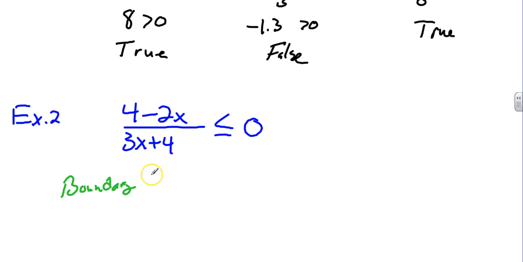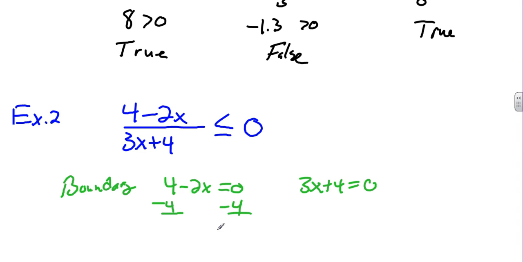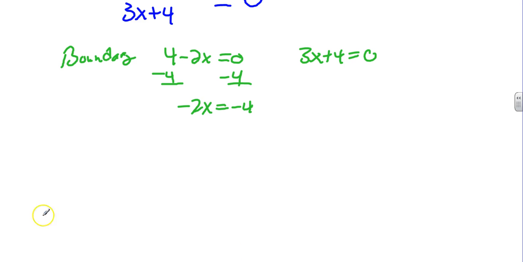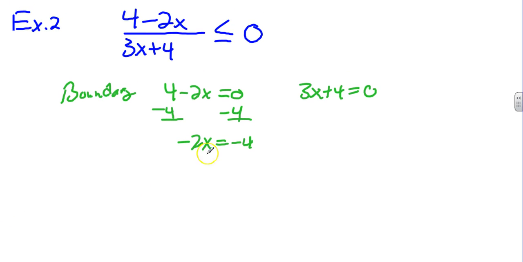Okay. And again, to get the boundary points, we're going to take the denominator and the numerator, both of those equal to 0. So for this one, we'll get rid of the 4. Divide by the negative 2, so that means x would equal 2.